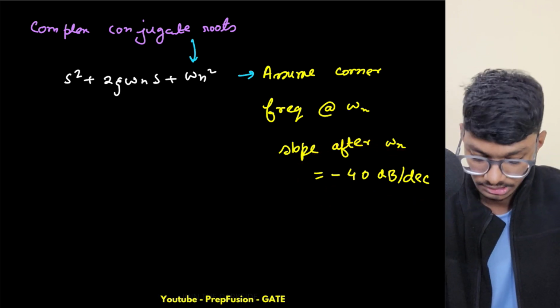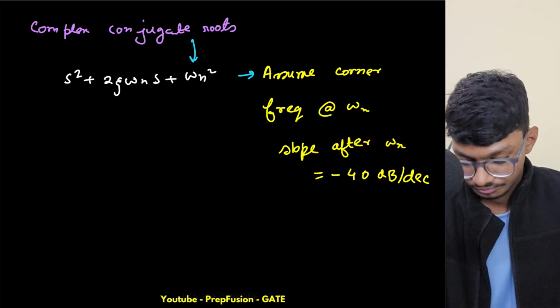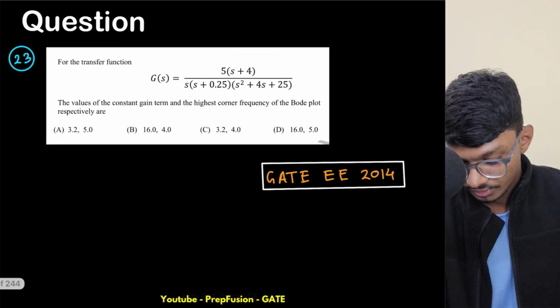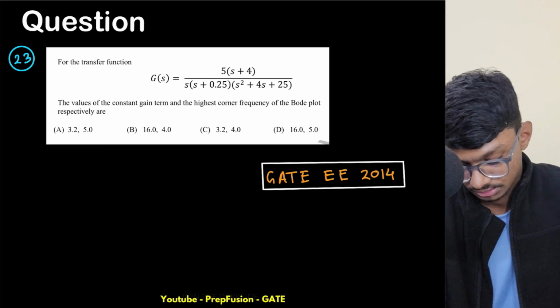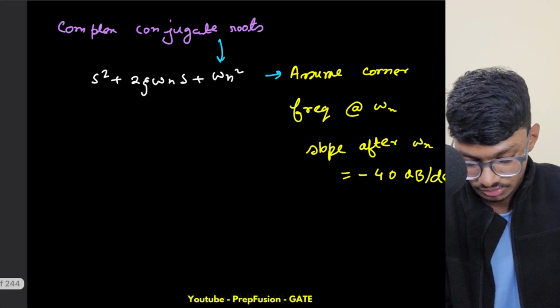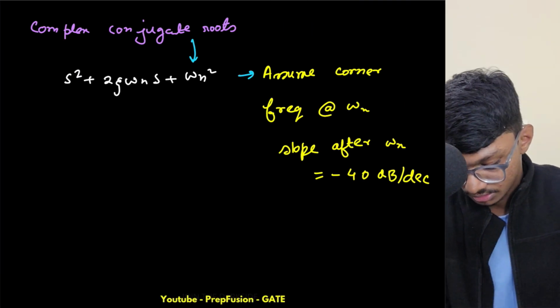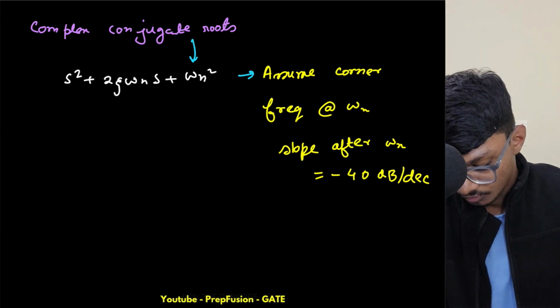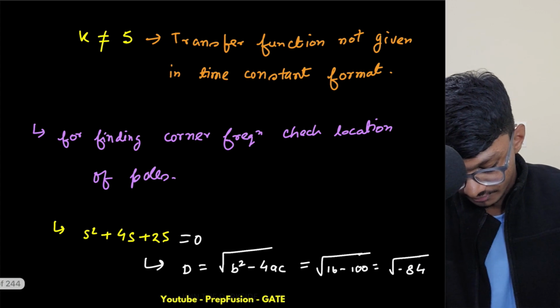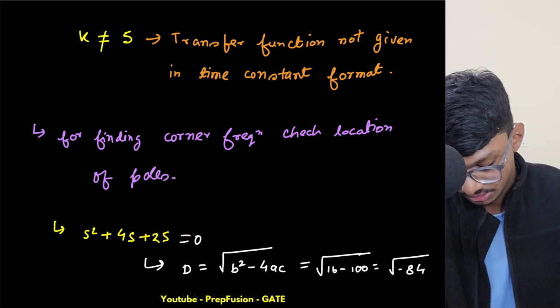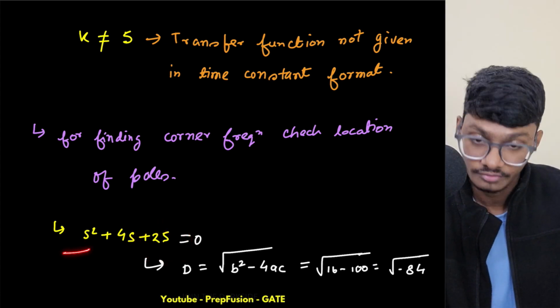Now this is about the omega n, right? So now what you can do is simply take omega n common. What will be my highest corner frequency? So what is omega n square here? Omega n square here is 25, because this format is matching. Keep in mind that the coefficient of s square should be 1.